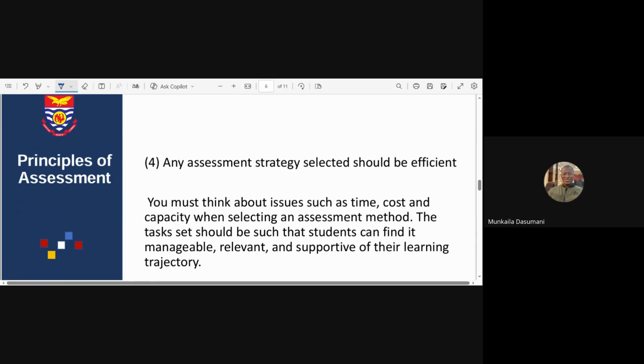We are waiting for you. Maybe I should mention a name. Why should we say assessment should be efficient? Okay. We have about 45 people on board. Can we have Bright? Bright, can you help us?